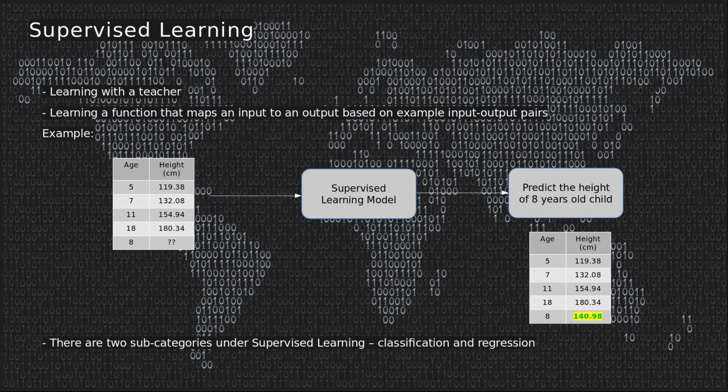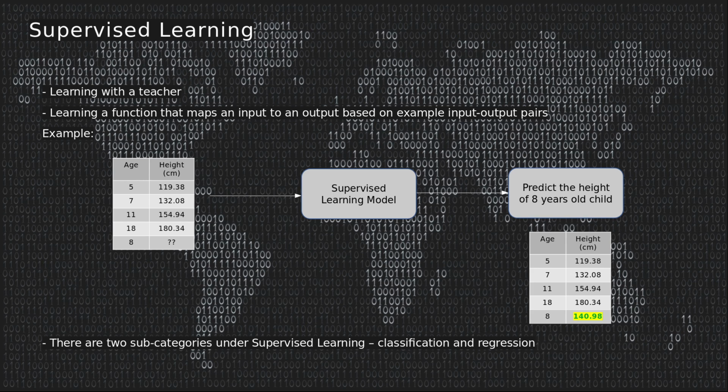What a supervised model would do is understand this data set and extrapolate, or form some sort of mathematical equation or analogy, which will help the model predict the response for a value where the response is not known. In our example, for age 8, we want to understand the possible average or approximate height.